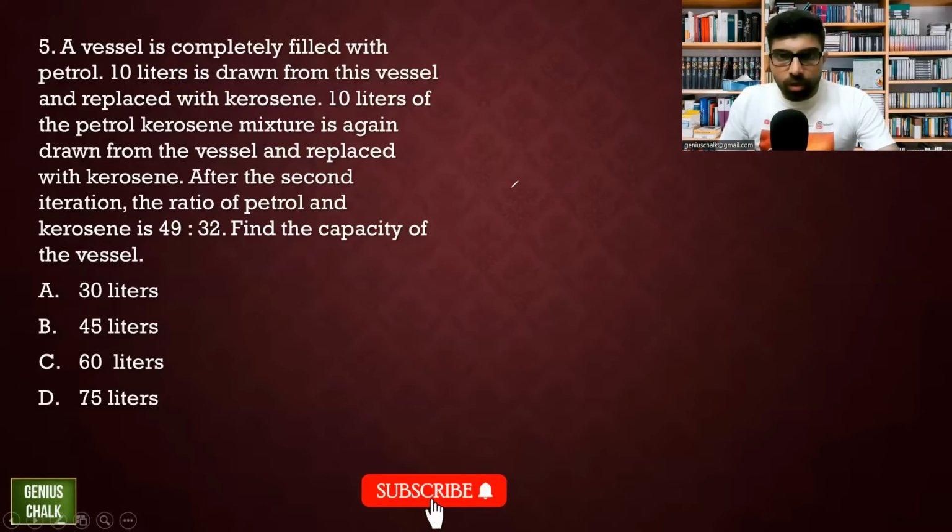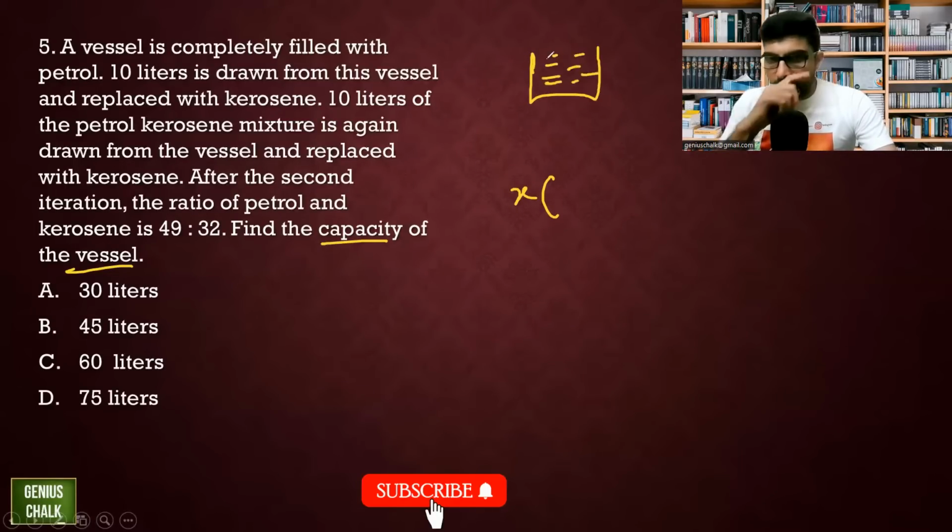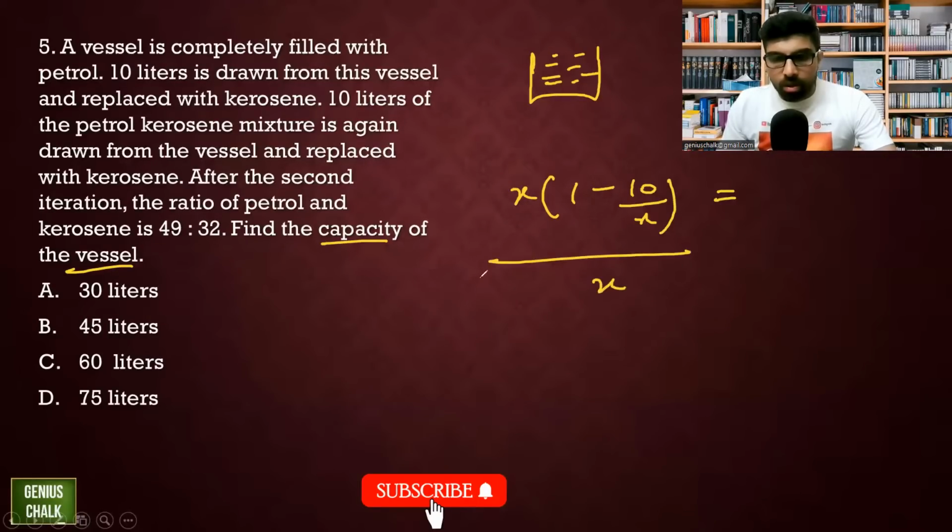Okay, we don't know the actual capacity of the vessel, like what is the pure quantity of liquid present initially, but let's take it x. So 1 minus y, what is y? 10 by x. This is the quantity of pure liquid left divided by total. So here also, what is the total quantity?